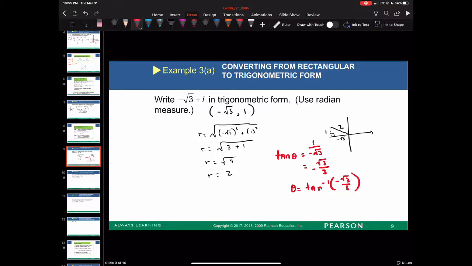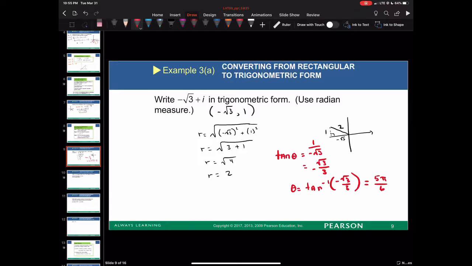So when we get this, put it in radian form, you should get 5 pi over 6. Remember, it's a 30, 60, 90 triangle. Your reference angle here will be what? Will be 30, right? Your reference angle is 30. That's why it's 5 pi over 6.